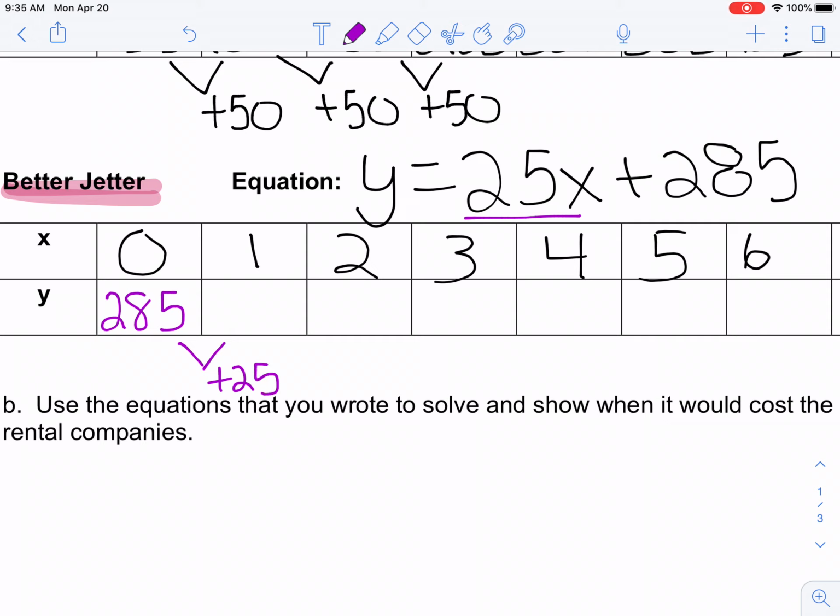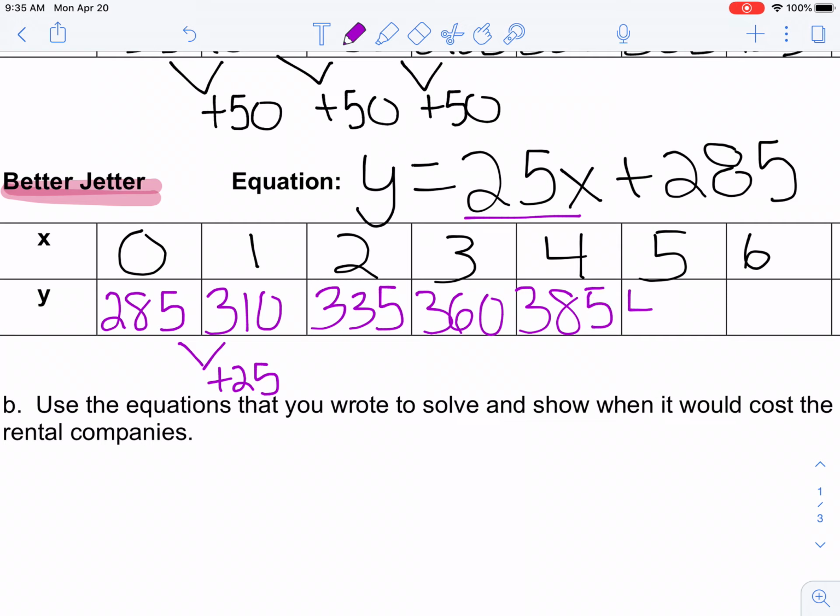So for one day, it'll be $285 plus 25, which is $310. For 2 days, $335. 3 days, $360. 4 days, $385. Again, I'm adding 25 each time. 5 days would be $410, and 6 days would be $435.